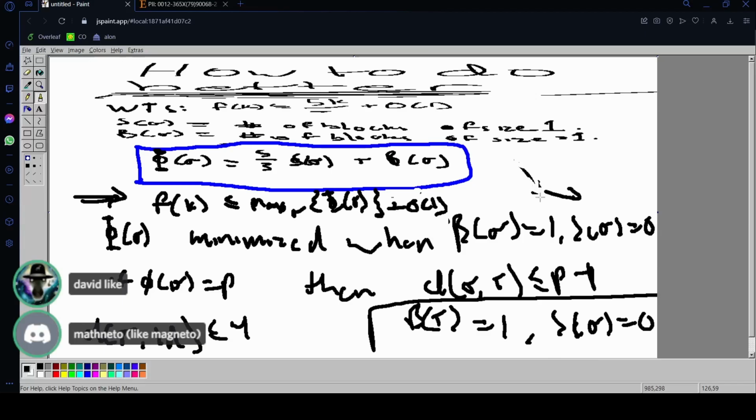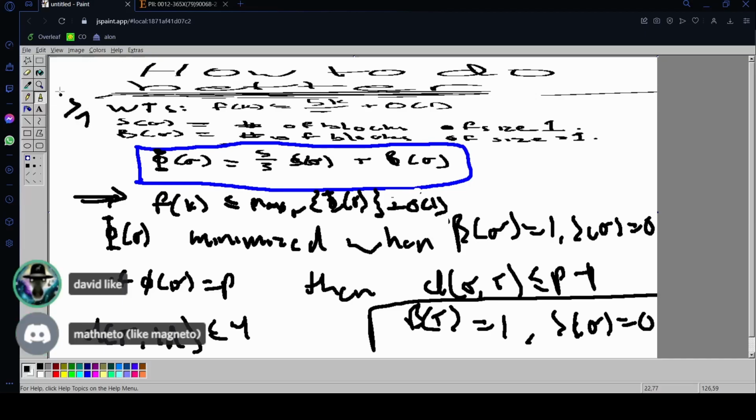But it's true, and we'll talk more about how you make these local improvements. For now, I'll show how this implies what we want.